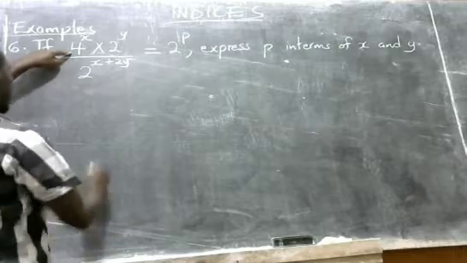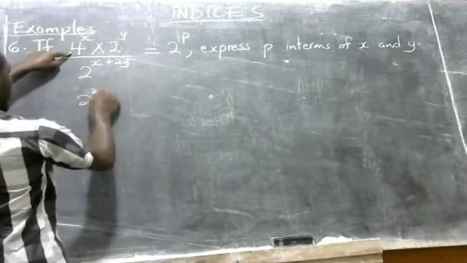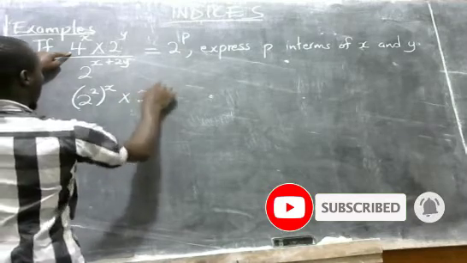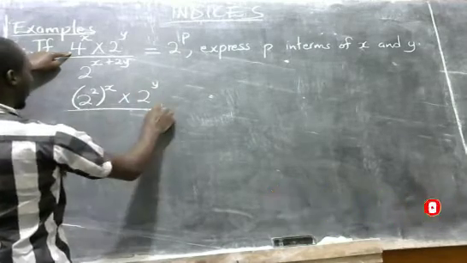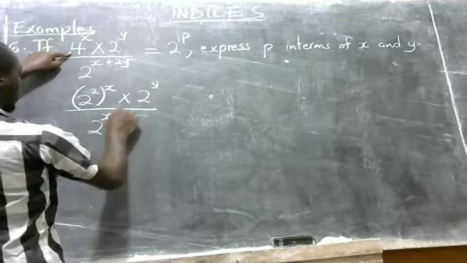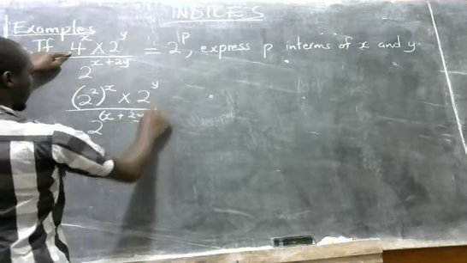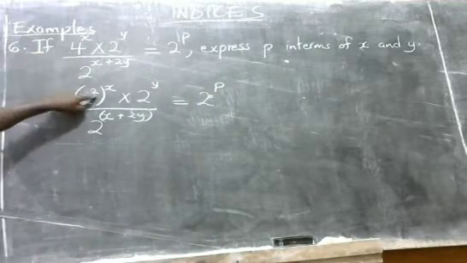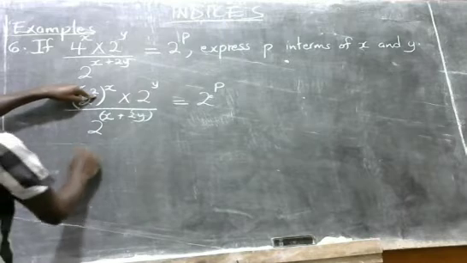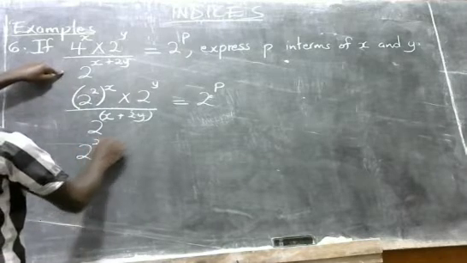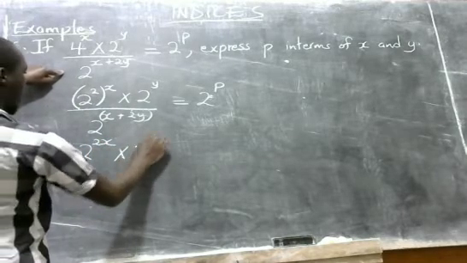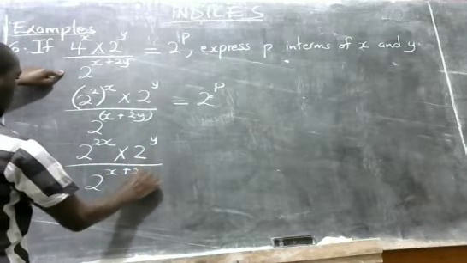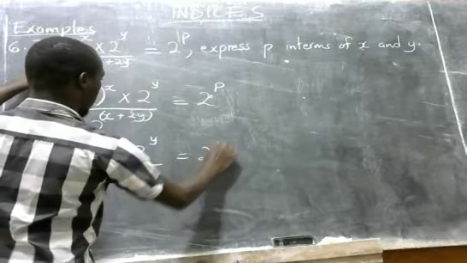So the 4 is the same as 2 squared, but there is a power of x, then times 2 power y all over 2 power x plus 2y is equal to 2 power p. So removing the bracket here, I'm having 2 power 2x, then times 2 power y all over 2 power x plus 2y is equal to 2 power p.